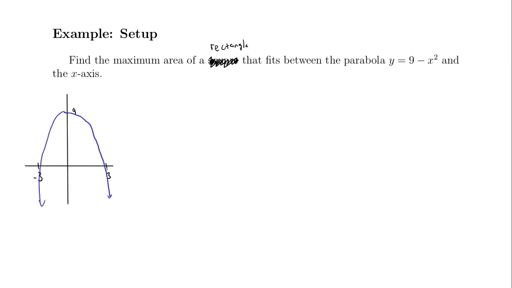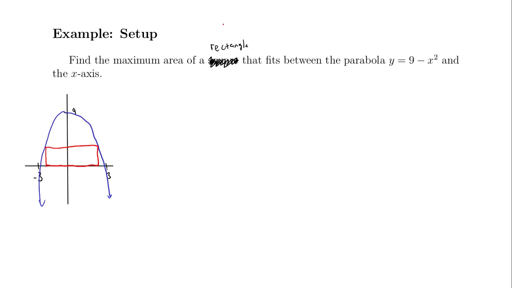That's not a very good picture, but oh well. We're going to pick some rectangle that looks like this. We're going to try and draw the biggest rectangle that we can in terms of area, so maximize the area of this rectangle. You'll notice that the boundaries are going to be this x-axis on the bottom and the parabola on the top.